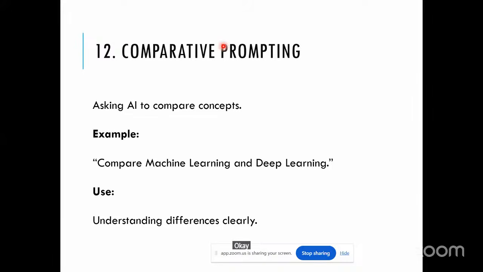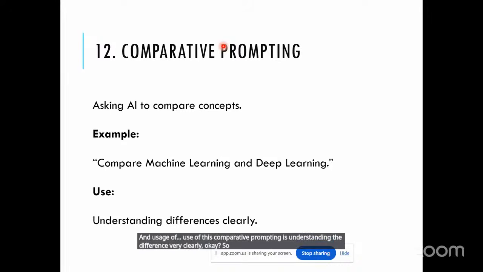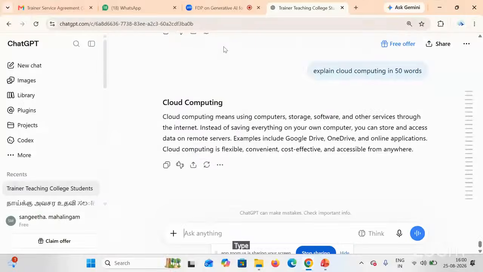Okay, next we are going to see comparative prompting. So asking AI to compare concepts. The example given here is compare machine learning and deep learning. And the use of this comparative prompting is understanding the difference very clearly. So that's the use of it. Let me just type this prompt.